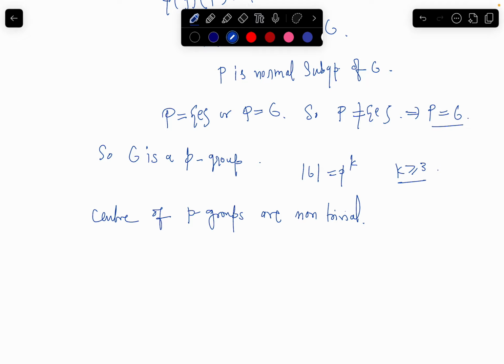In fact, the center cannot be the whole group, because that means every element commutes with every other element. That would make G abelian. So the center of the group is non-trivial and proper. And in fact, the center of the group is normal. That implies this is not possible.